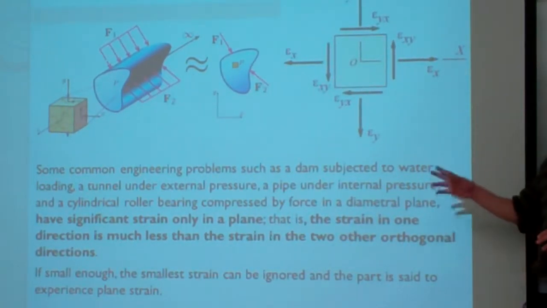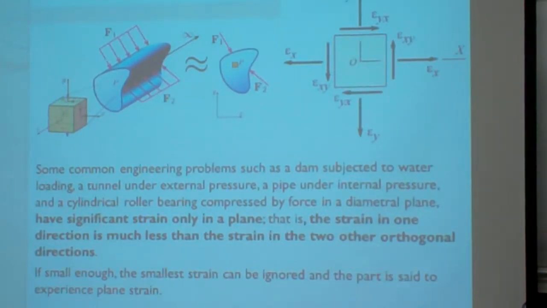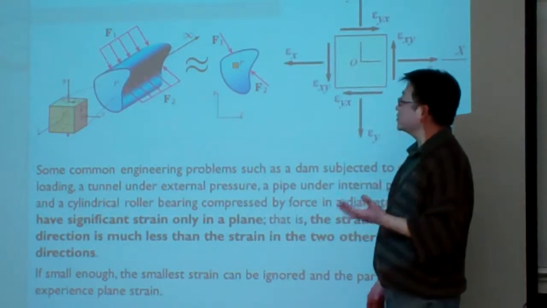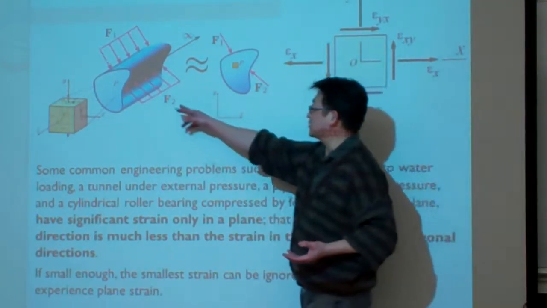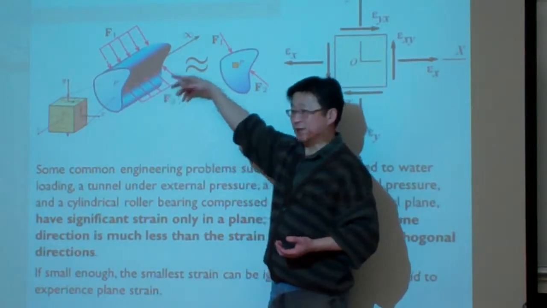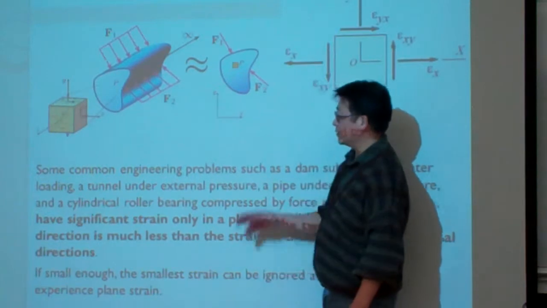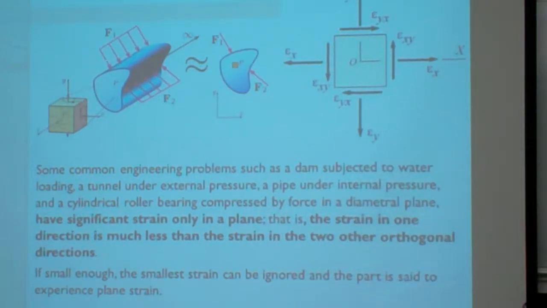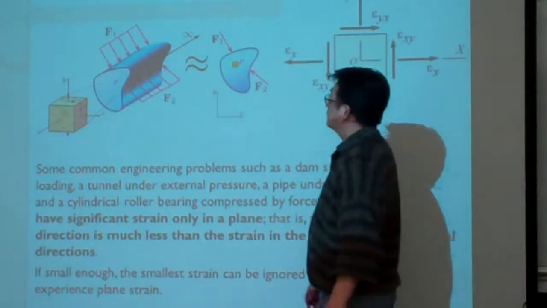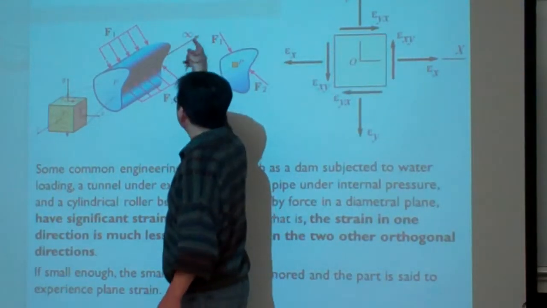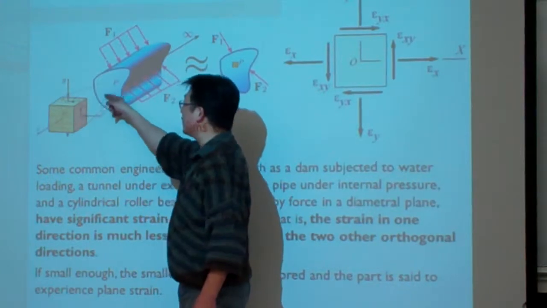Okay, so think about this one, and the best way for you to memorize plane stress or plane strain is to think about these figures. The previous one is the sheet metal, which is a very typical one. Okay, so, wait, is it supposed to be that the strain in one direction is much less or much greater than the strain in the other? The strain in this direction is much, much less.